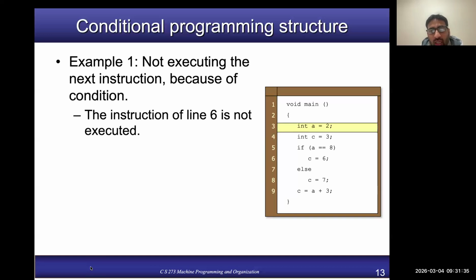So if initially A is equal to 2, C is equal to 3, and then you are testing the condition if A is equal to 2, which is not, the condition is false. So the statement on line 6 is not executed, right?